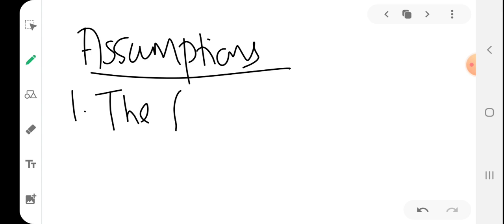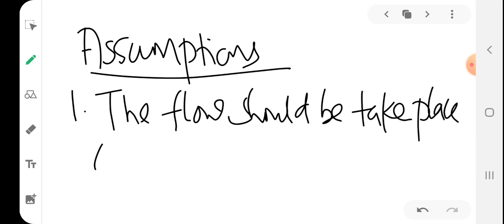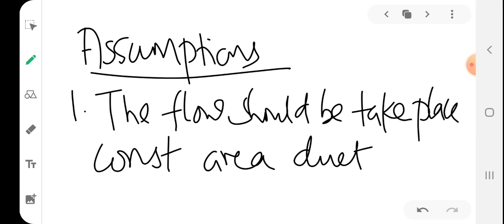The flow should take place in a constant area duct. The cross-sectional area of the duct should not vary. That is a very important point.